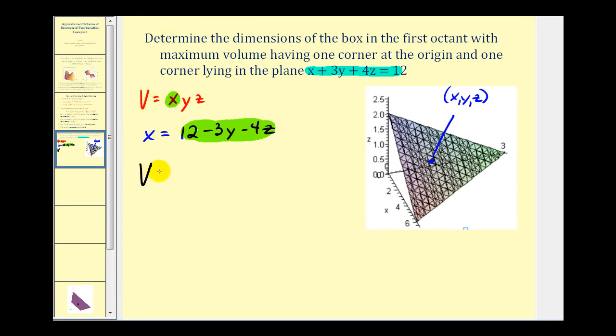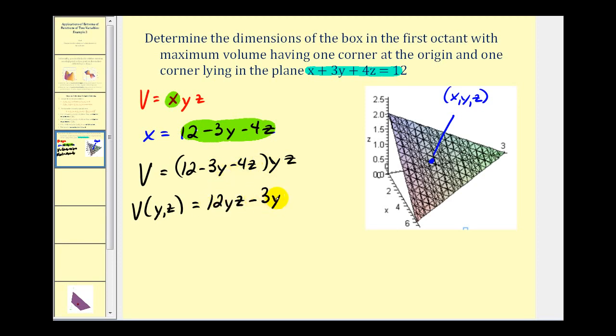So we'll have the volume is equal to 12 minus 3y minus 4z times y times z. Let's go ahead and distribute here. So V of y, z is going to be 12yz minus 3y squared z minus 4yz squared.